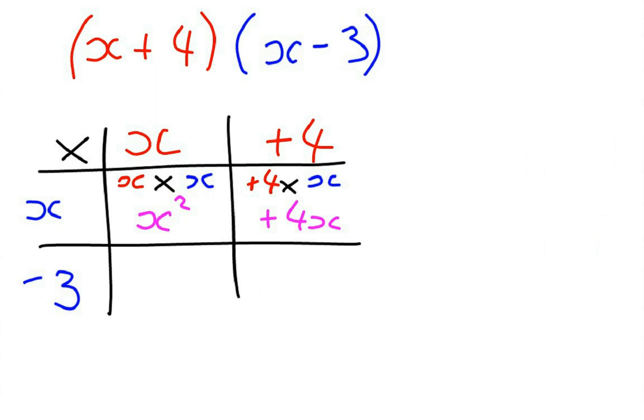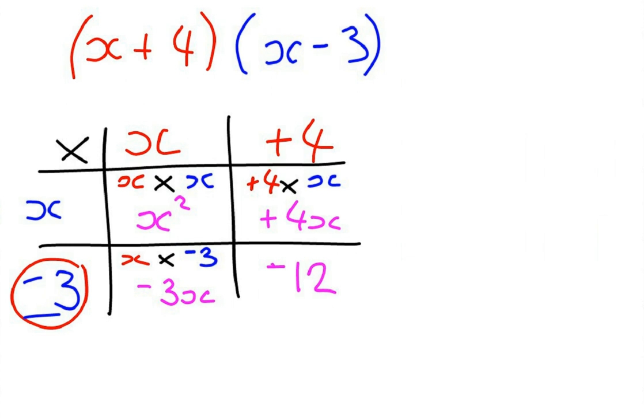Now, in the bottom left hand box, this is where it becomes apparent that it's very important that we include the sign. We're going to do our x here, and we're going to multiply that by negative 3. So x times minus 3 gives me negative 3x. And then in this one here we're just going to do minus 3 times positive 4, which gives me minus 12.